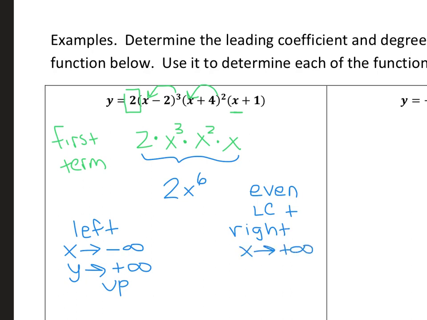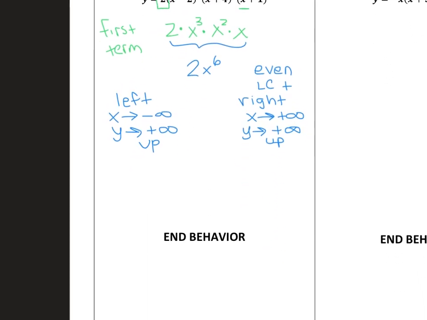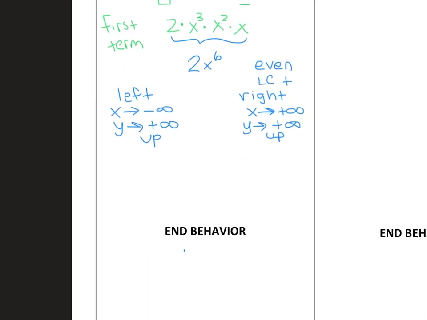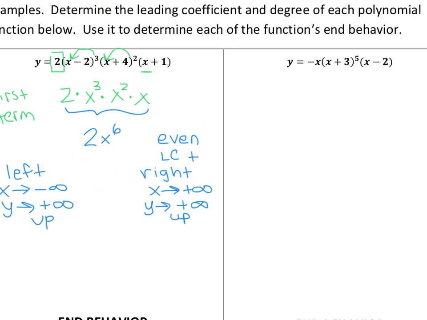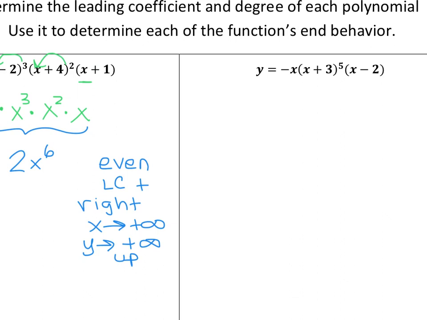That raised to an even exponent is going to be a big positive number times a positive 2. That output on the right is also going up. And so ultimately, our end behavior for this graph is going to be up on the left and up on the right.